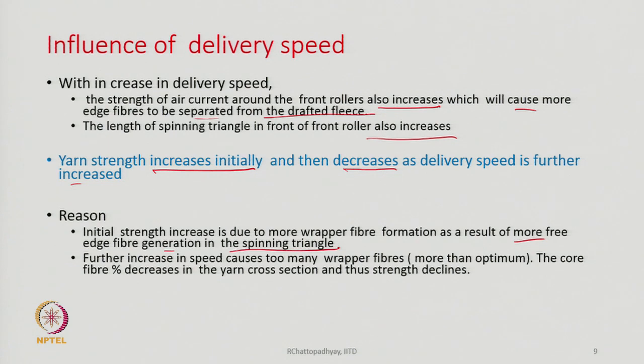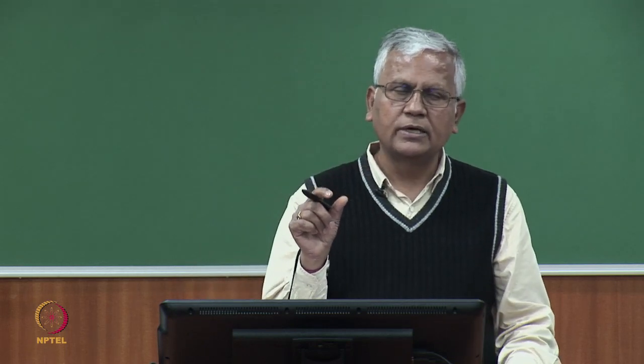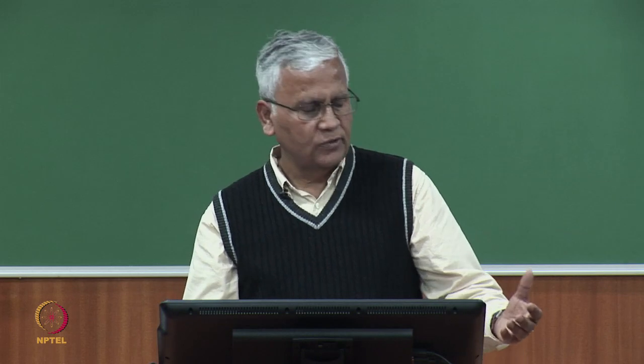See, this initial rise in delivery speed means the air current around the drafting rollers is going to be more and more powerful, and it is the air current behind the front drafting rollers which is going to disturb the flow of fibers in the main drafting zone, and therefore, the width of the spinning triangle will be dependent on the speed of the drafting rollers, especially the front drafting rollers. It will also depend upon the draft that we use in the front zone.